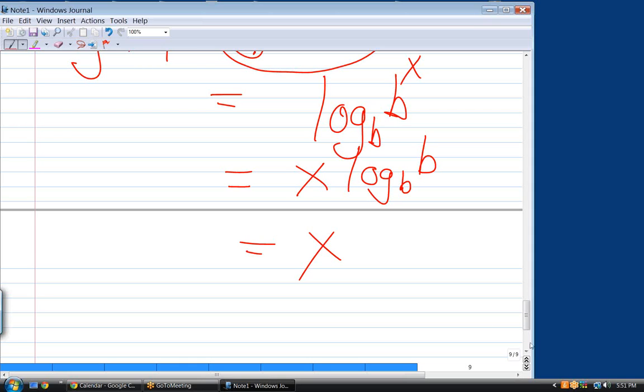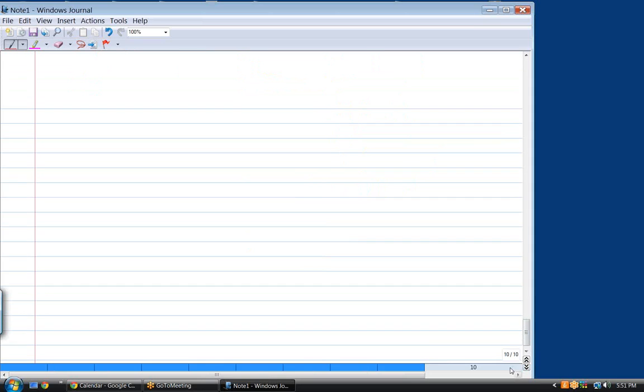Okay, let's do another one. 5 minus natural log of x equals 7. How would I do that? You would subtract both sides from 5.